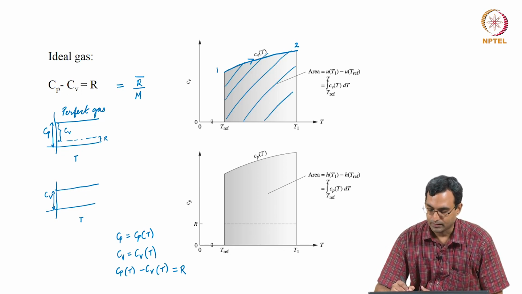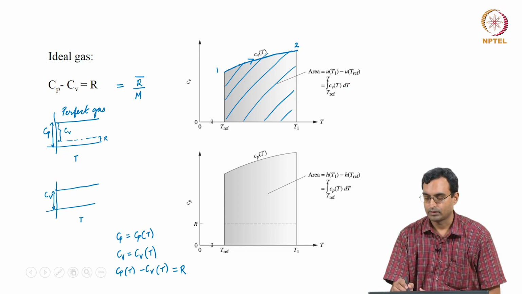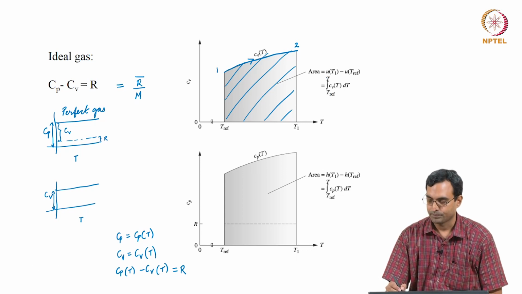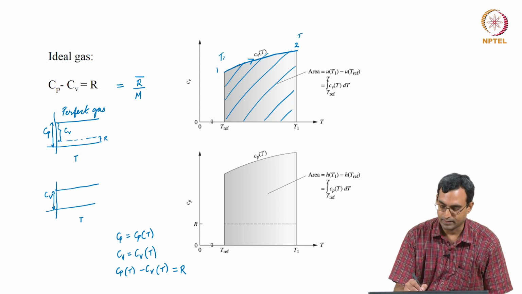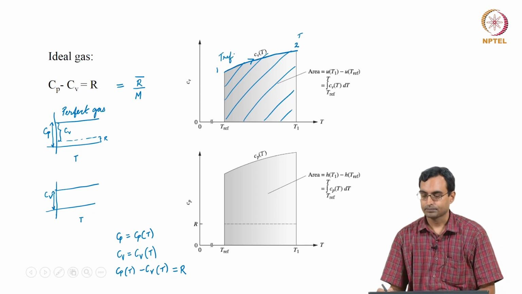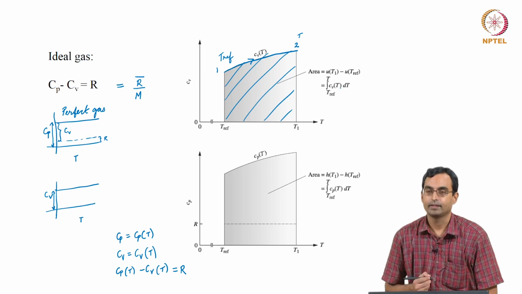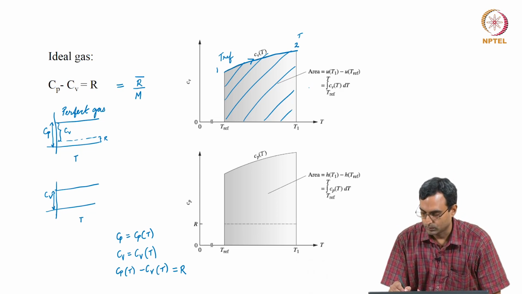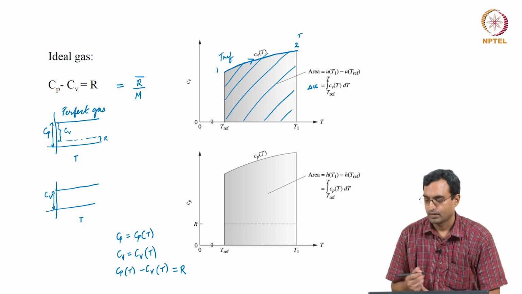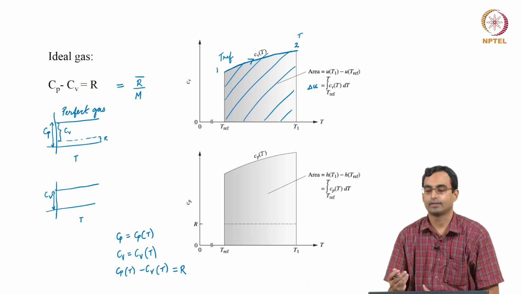The integral of this would be the integral of Cv dT from some temperature 1 to 2. If my temperature 1 is some reference temperature, this is from some T ref to some T. If, for example, I call this T and I call this T ref, I would get the integral of Cv, which is a function of T, into dT, and the integral of this would be essentially delta U. So, what I would get under this is the change in internal energy, because I am integrating Cv.